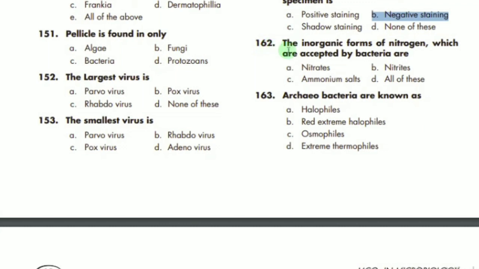MCQ number 162 says that the inorganic forms of nitrogen which are accepted by bacteria are nitrates, ammonium salts, so D is the correct option, all of these. MCQ number 163 says that archaea bacteria are known as extreme halophiles.